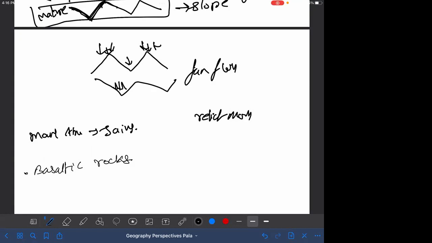This makes the region less suitable for agriculture and for living and habitation, thus rendering it a badland topography.